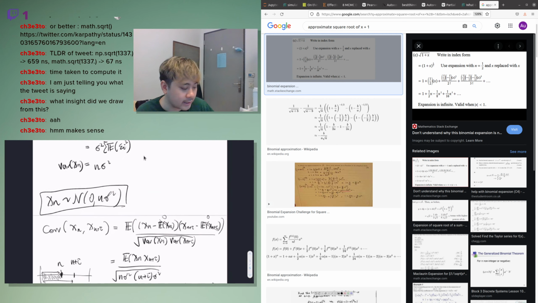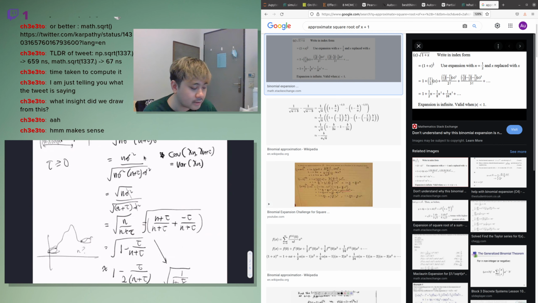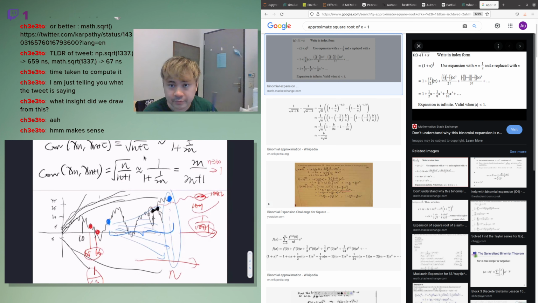So if you line them up, x1, x2, x3, x4, and so on, they all have different distributions, whereas in Markov chain Monte Carlo, they all come from the same distribution. Now that's a very important point.